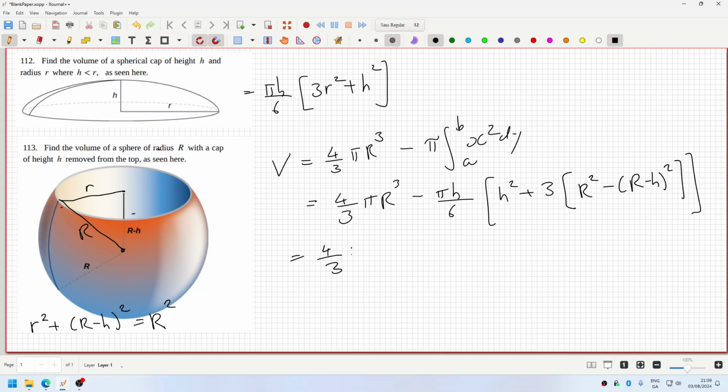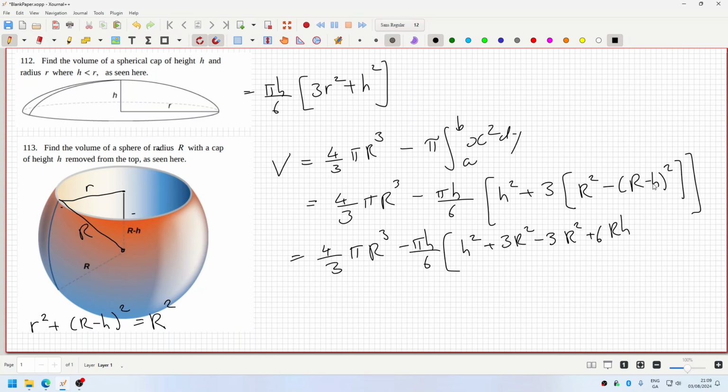4 over 3 pi r cubed minus pi h over 6, and then that's h squared plus 3r squared minus 3r squared plus 3rh. No, 6.